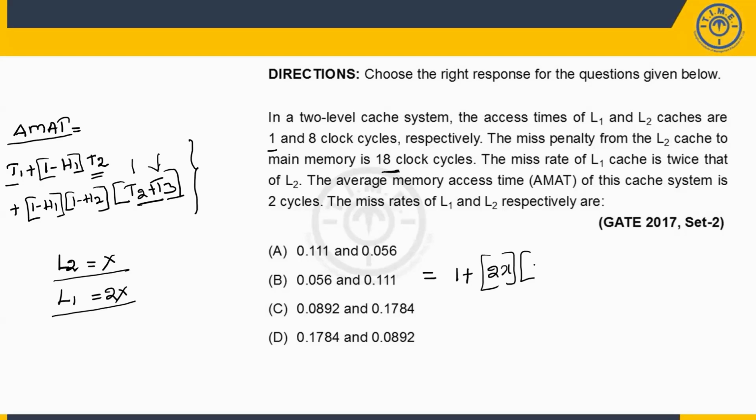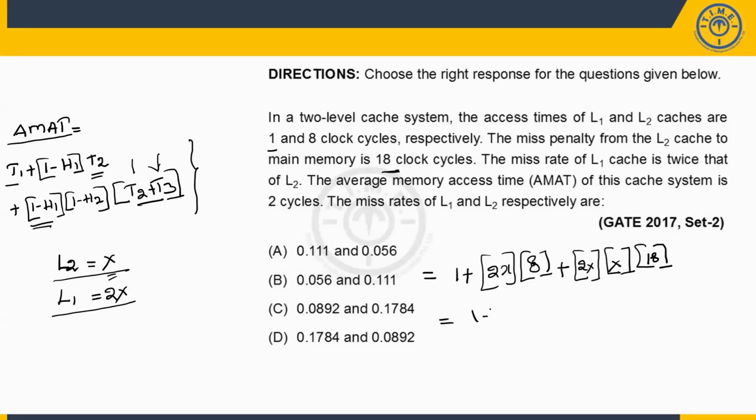T2 is 8 clock cycles, plus (1 minus H2) into the miss penalty. 1 minus H2 is X, the L2 miss rate. And T2 plus T3 is the miss penalty from L2 cache to the main memory, equal to 18 clock cycles.